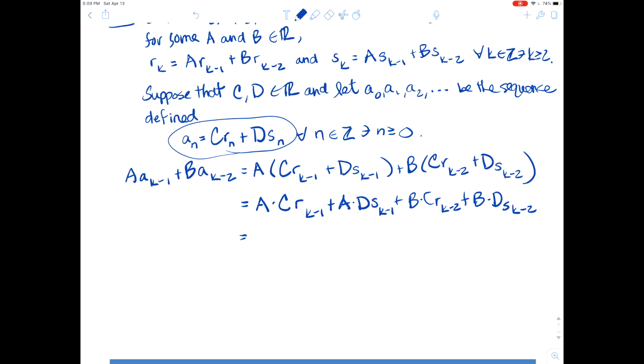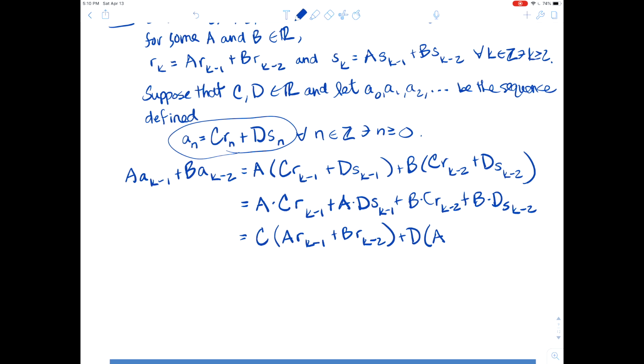Well, if we rearrange them and factor out something different, we would have, if we factored out a C, A times R sub k minus 1 plus B times R sub k minus 2. The reason for that is that we get the R's together. And then do you see how we can get the S's together by factoring out a D?